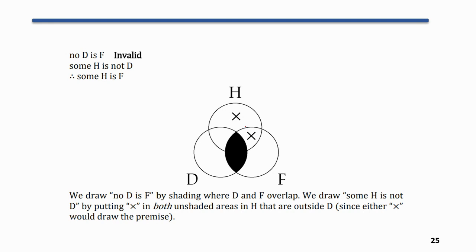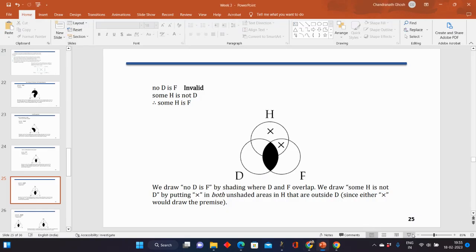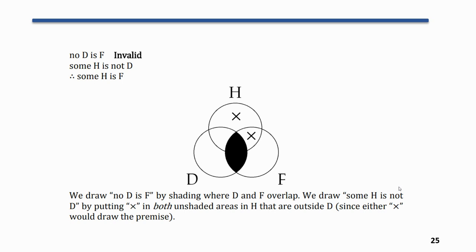Between this H and F, if you properly look, some portion is darkened and some portion is crossed. So it does not tell us that some H is F. Clear? So the conclusion is invalid. This is not concluding to the right one.